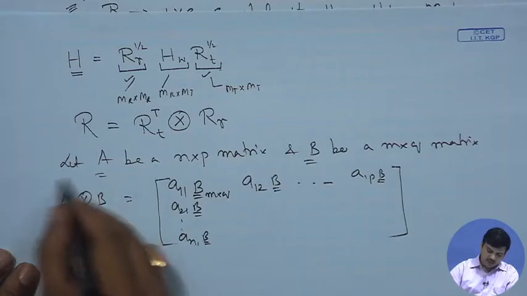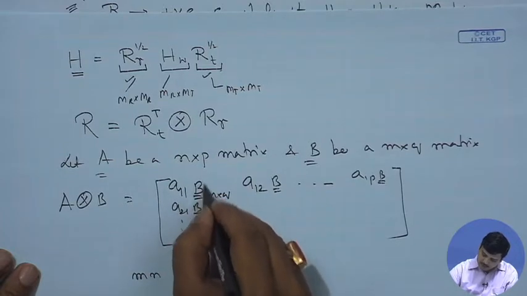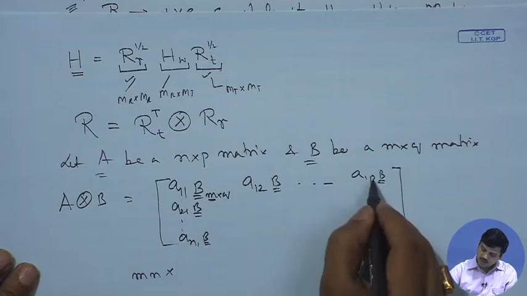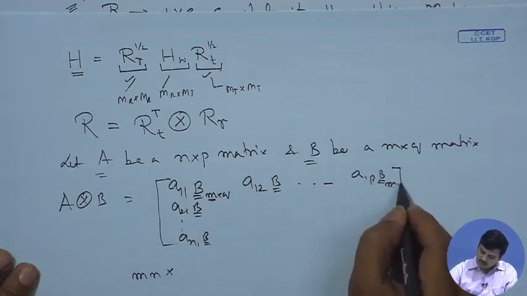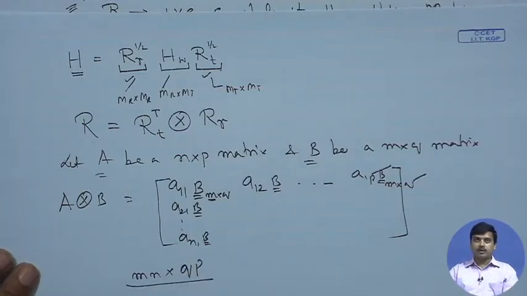Matrix B is of the size M cross Q, and this is N. So this whole product has MN rows, and P and Q lead to QP columns. So, this is the dimension of the Kronecker product that we get.